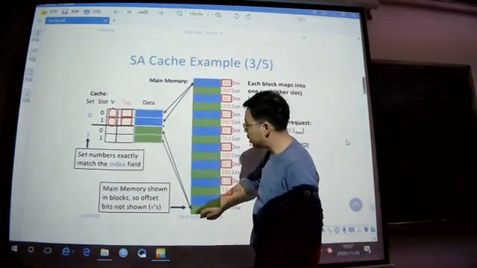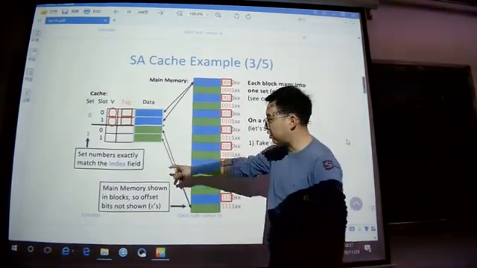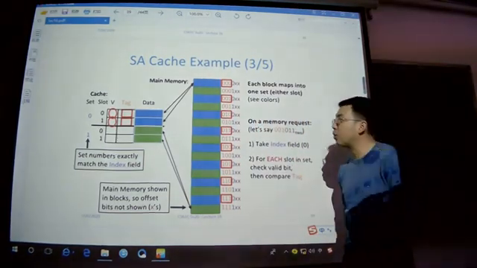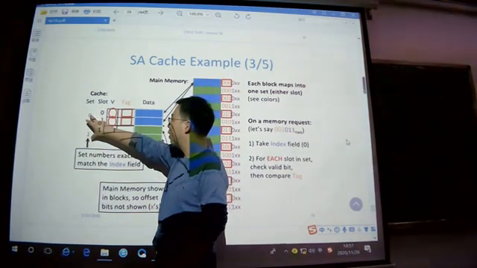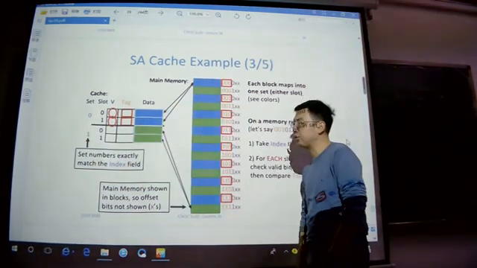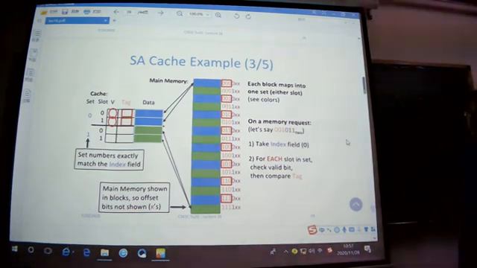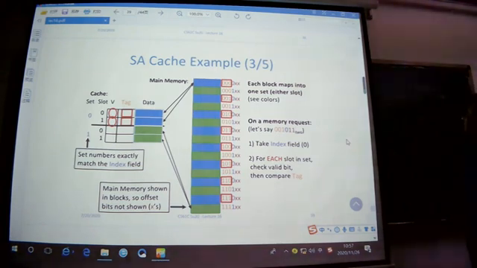This green section can replace this section. So the set numbers exactly match the index field. This is 0, this is 1. We can use 1 and 0 to divide the cache into 2 sections. And the main memory is shown in blocks, so block offset bits are not shown.